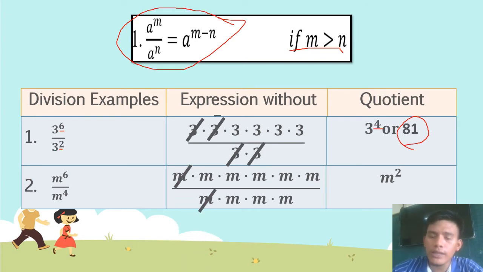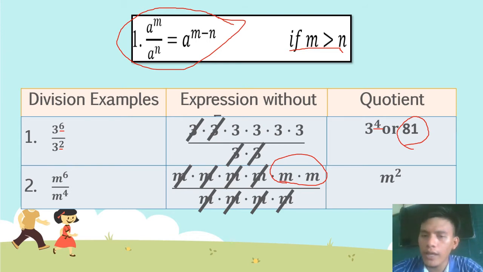So you will cancel out an m from the numerator with an m from the denominator, and the same for the others. And the remaining are 2 m's.